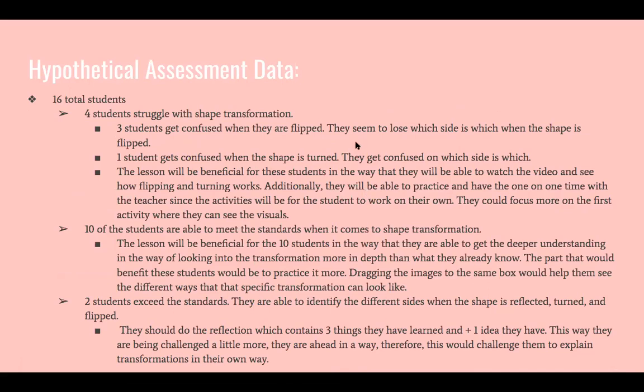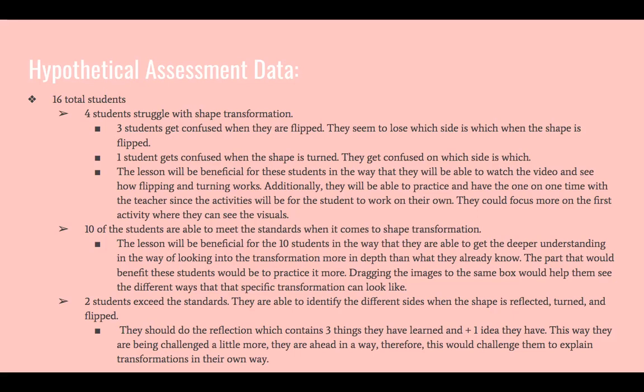The hypothetical assessment data: we had 16 total students, where 4 students struggle with the shape transformation. 3 of them were confused about which side would switch, either if it was turned or if it was flipped. So the lesson that we have is beneficial for the students in the way that they will be able to watch the video and see how flipping and turning works.